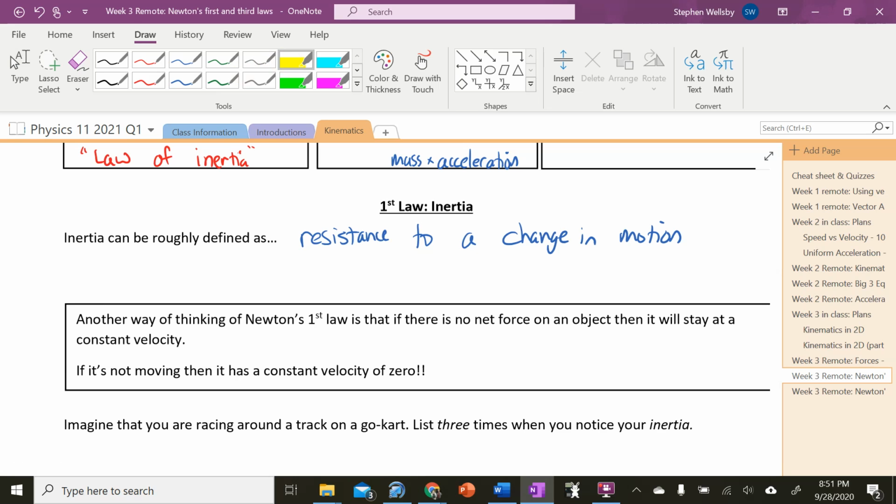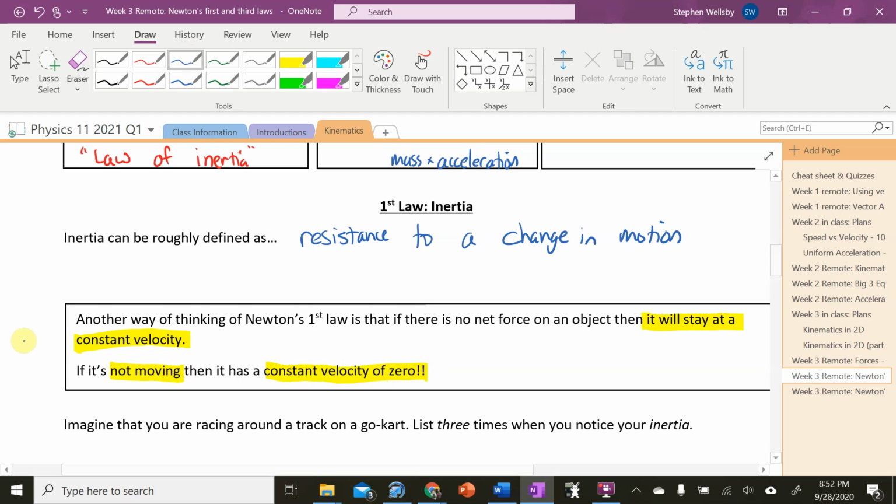If there is no net force on an object, then it will stay at a constant velocity. Keep in mind, if it's not moving, it does have a constant velocity, and that constant velocity is 0. This is probably the most helpful way of understanding Newton's first law.